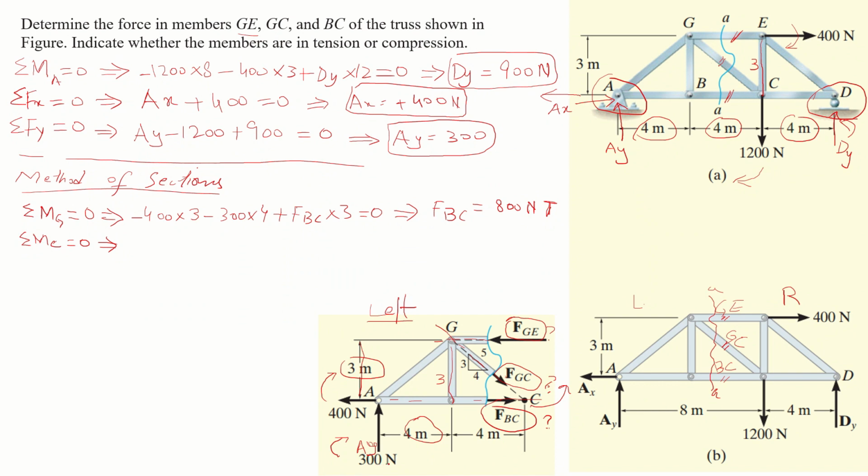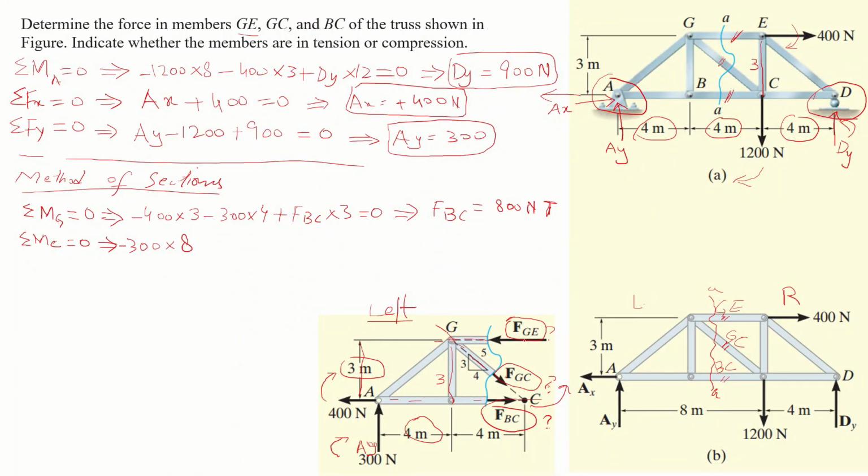Second force, 300 Newton, it has a perpendicular distance. This is 4 plus 4, so it will rotate the truss in clockwise direction. So 300 multiplied by 8 with the negative sign.